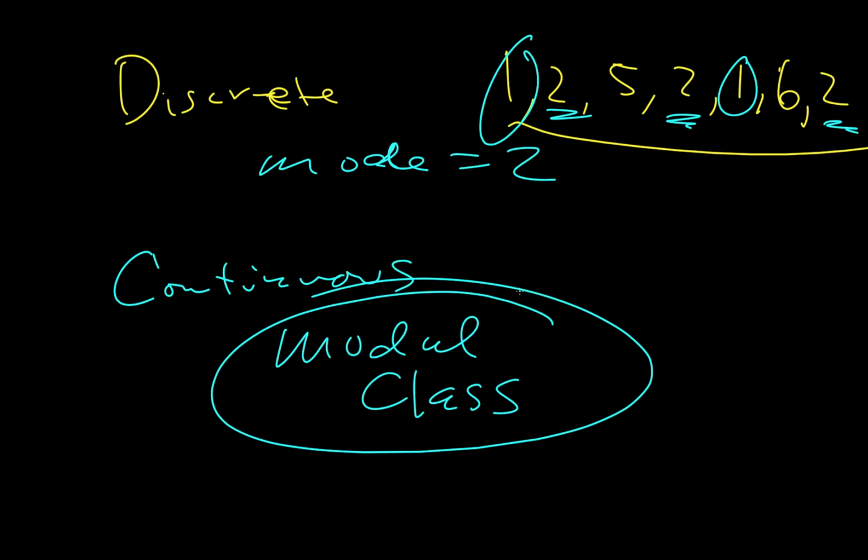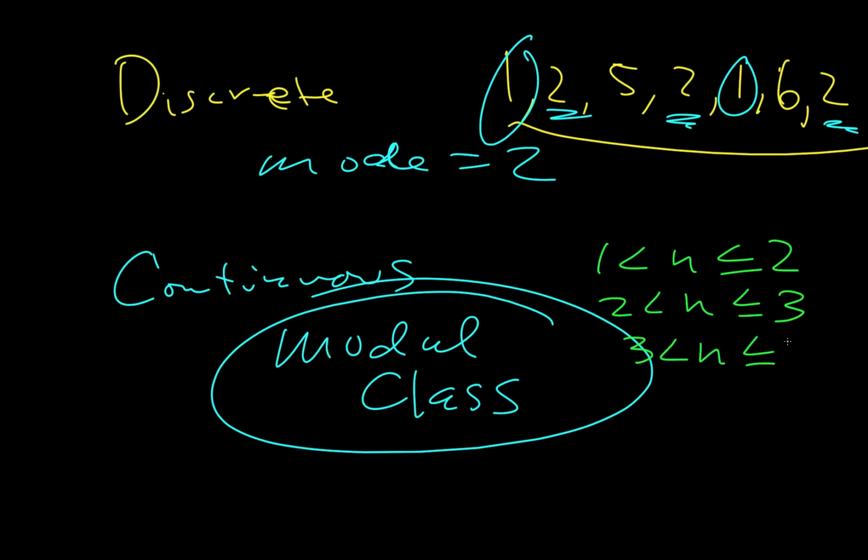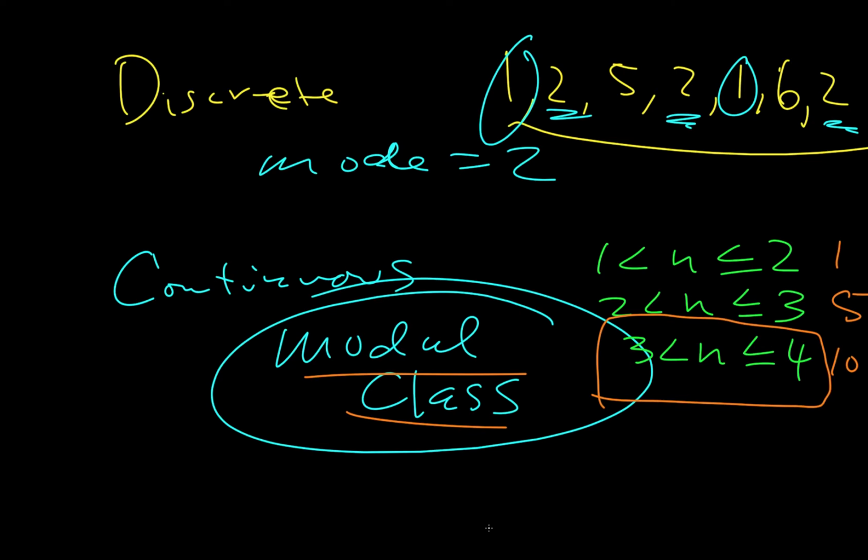Essentially, if we have one thing that falls into this range, 5 things that fall into this range, and 10, then we would say this is the modal class.